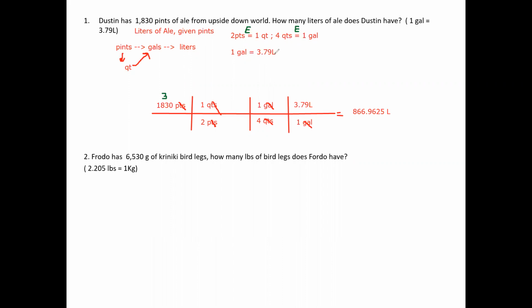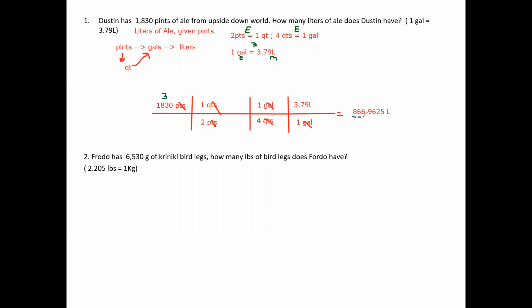1 gallon to 3.79 liters. Gallon is the English system. Liter is the metric system. So this is not exact. So this one has also 3 significant figures. So since 3 is the fewest significant figures in our numbers that we started with, we need to round this to 3 significant figures.